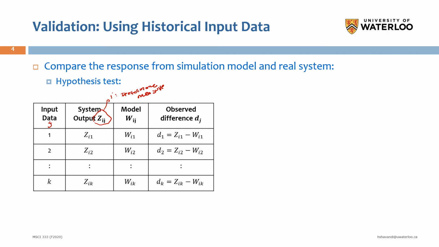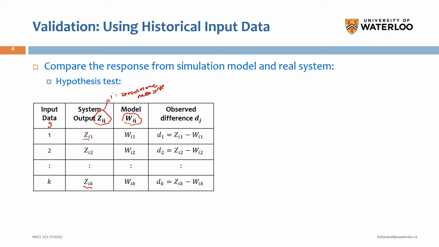So i here is for the ith performance measure. So Zi1 up to ZiK are the real outputs in the real system that we have in our historical data, and the Wij is the response obtained by the simulation model for those K input data.